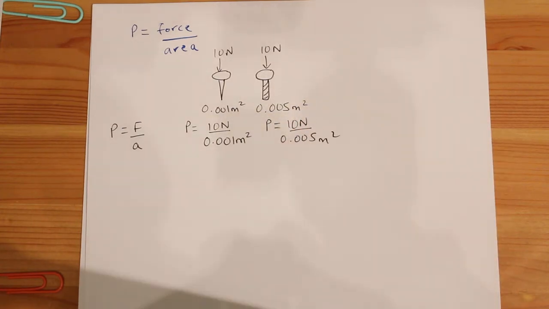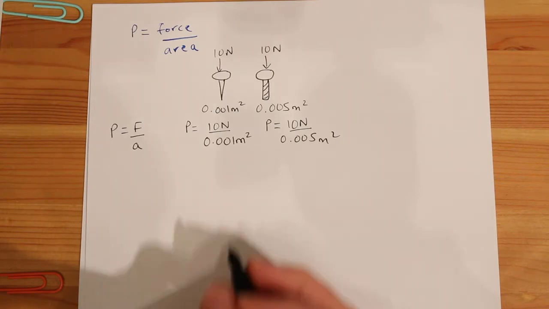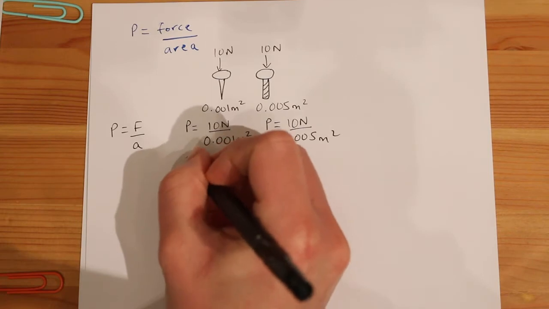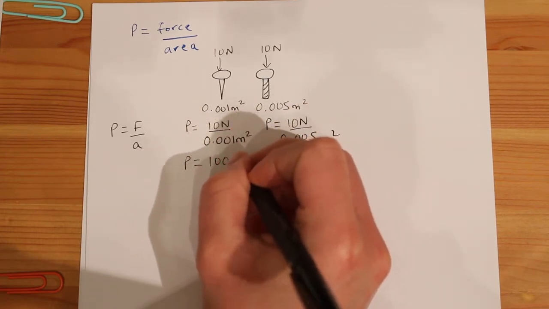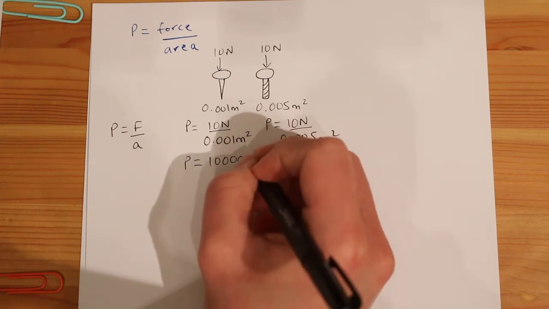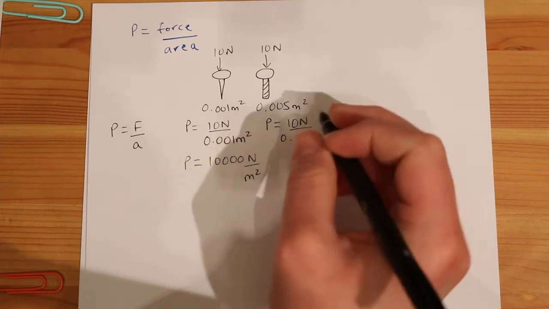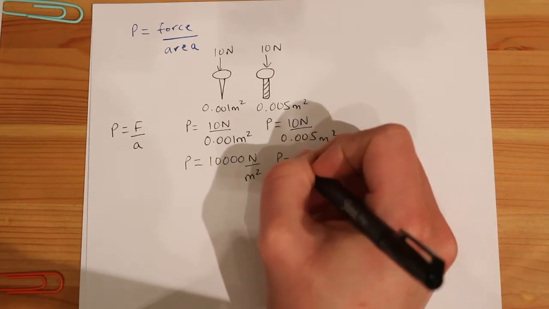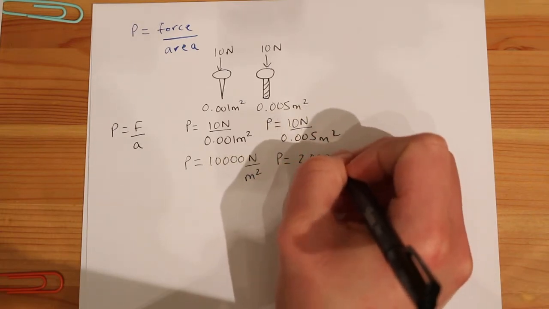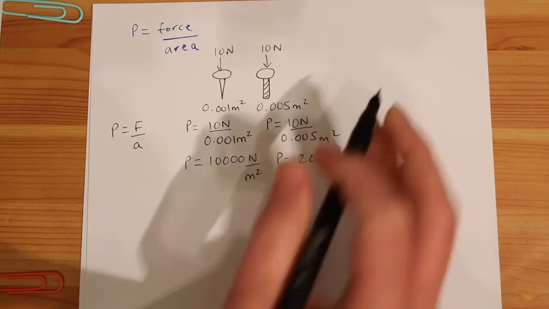Then to find the values of those two things, we punch them into our calculator. Once we do that, we get a pressure of 10,000 newtons per square meter for the nail, and 2,000 newtons per square meter for the screw.